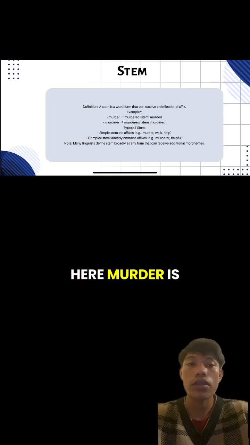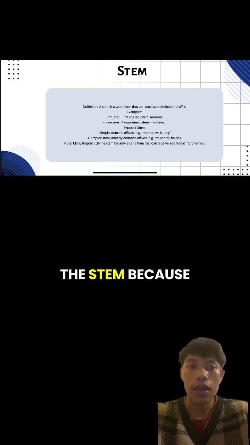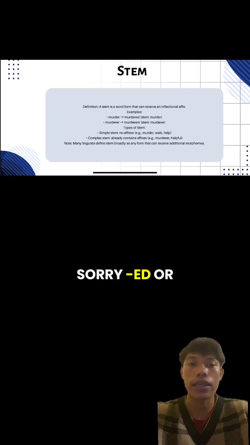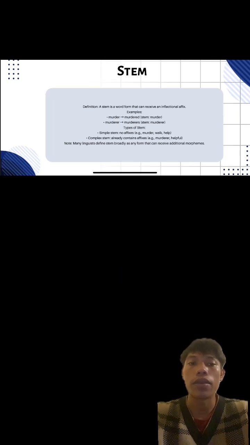Here, murdered has the stem murder because it receives the inflectional suffix ed. Another example is murderer, murderers. In this case, murderer is the stem because it receives the plural suffix s.